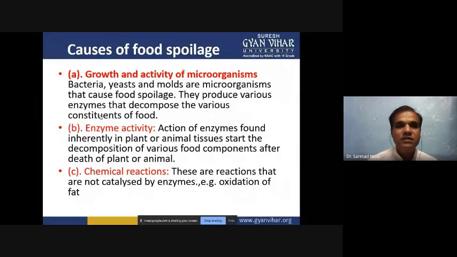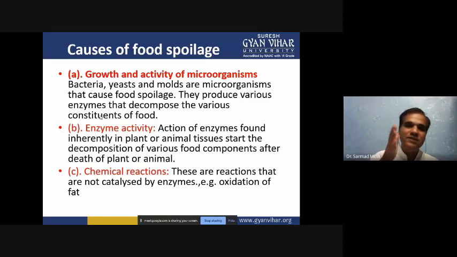When any microorganism grows on the food, it releases enzymes and utilizes the nutritious content of the food for its energy, growth and development. That's why they attack the food items, because they need nutrition.